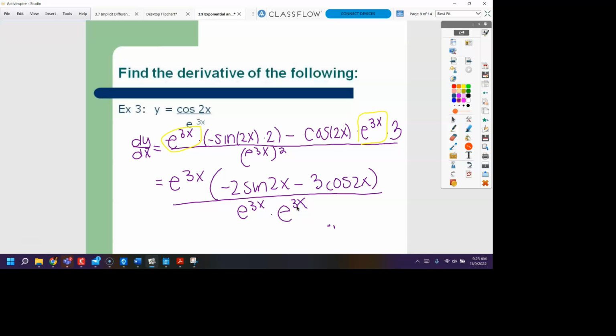And in all technicality, your denominator is e to the 3x squared. So if you can factor out an e to the 3x and the bottom is e to the 3x squared, I can cancel an e to the 3x. Making my final answer negative 2 sine 2x minus 3 cosine 2x all over e to the 3x.